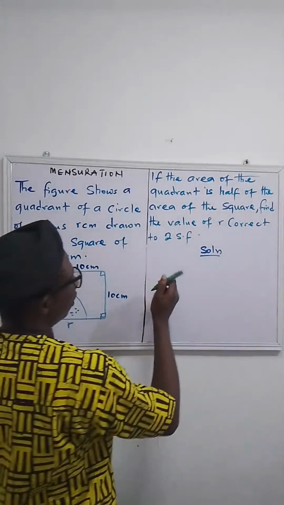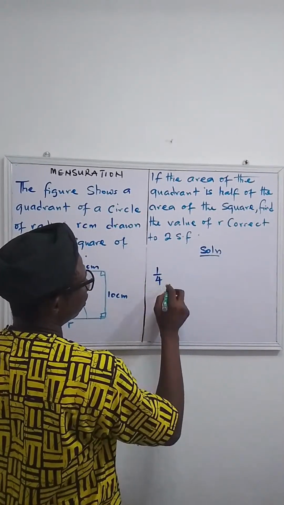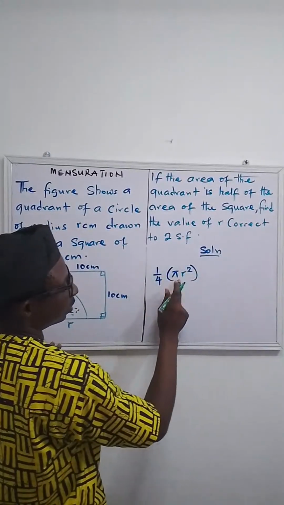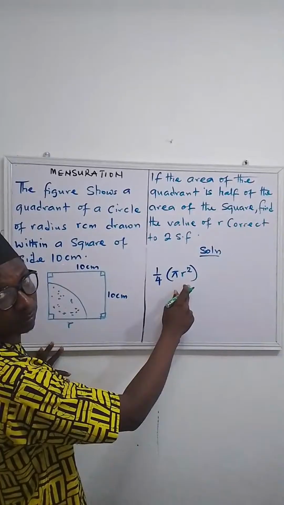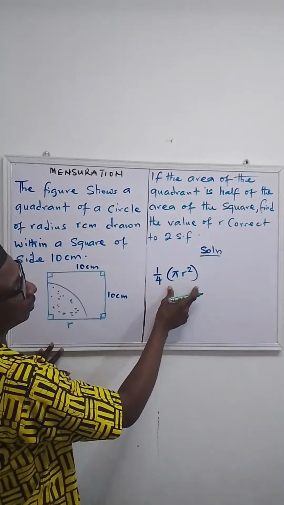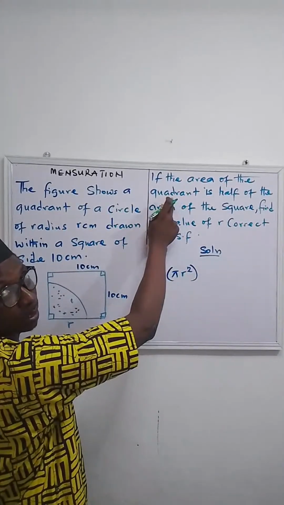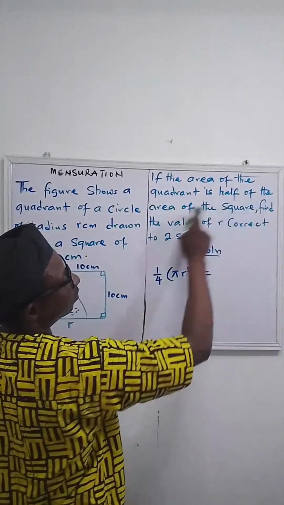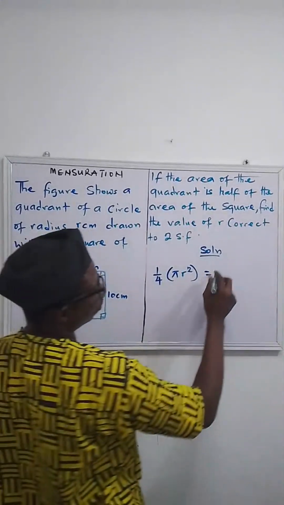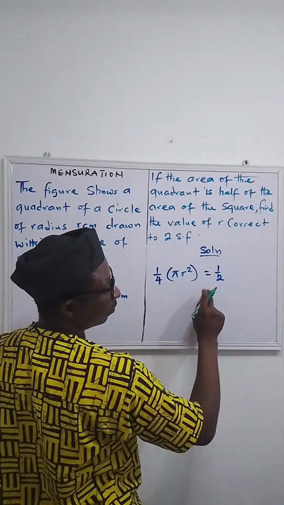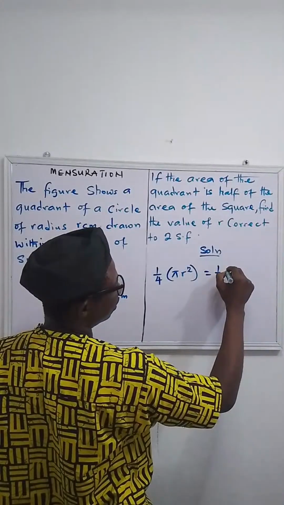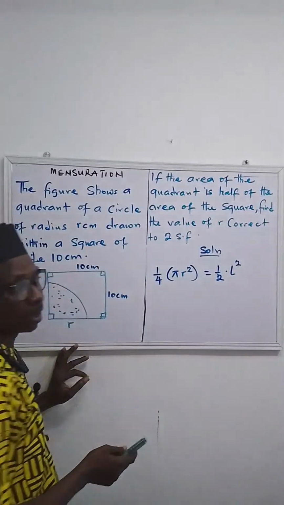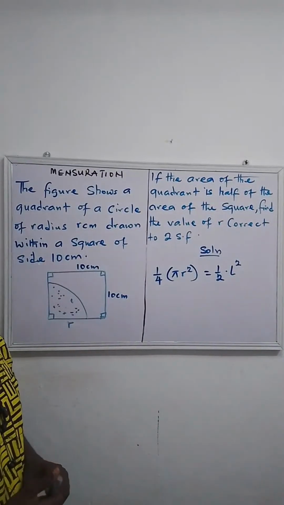Okay, so you have 1/4 of area of a circle, that is pi r squared. This is the formula for area of a circle. 1/4 of area of a circle is the same thing as a quadrant. And it's equal to half of area of a square. So half of area of a square, that is length times length. So of course you can write it as L squared.